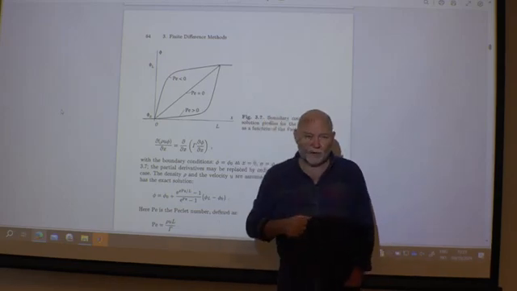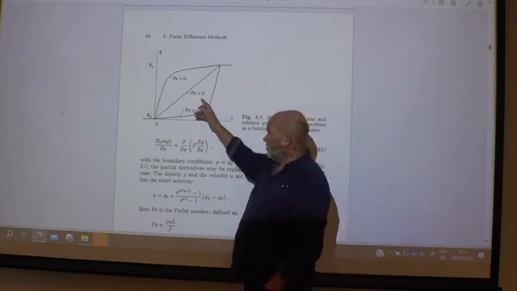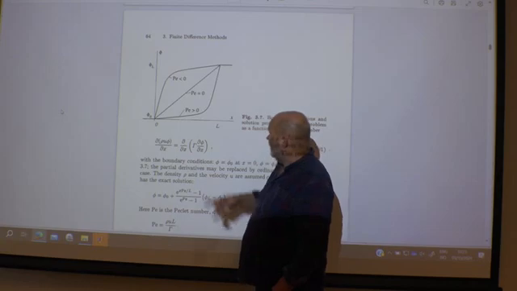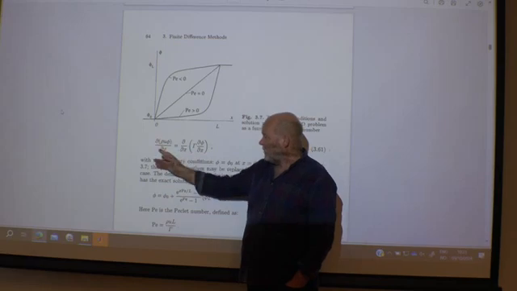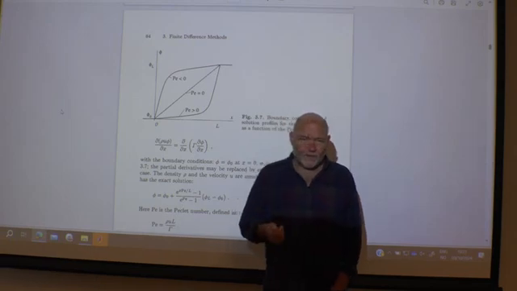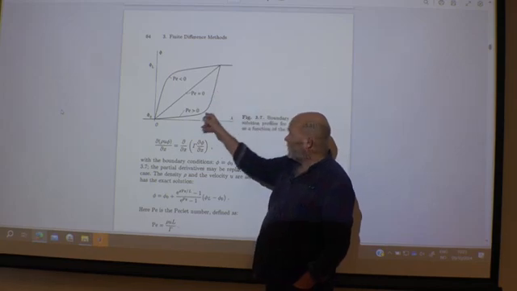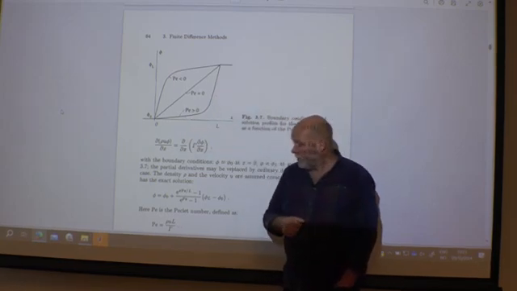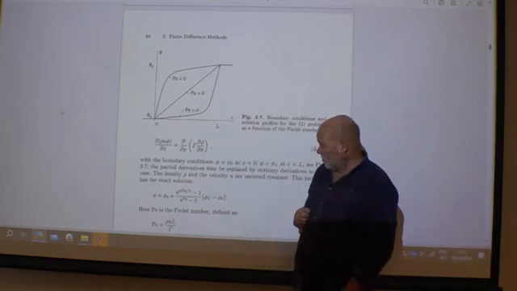If you don't have viscosity, then the Reynolds number is 0. It's not defined actually. Then you'll get a straight line. It's pure transport. Only this term is equal to 0. But if you have viscosity, then you may get something like this, with a positive Reynolds number. A negative Reynolds number here is a little bit awkward.